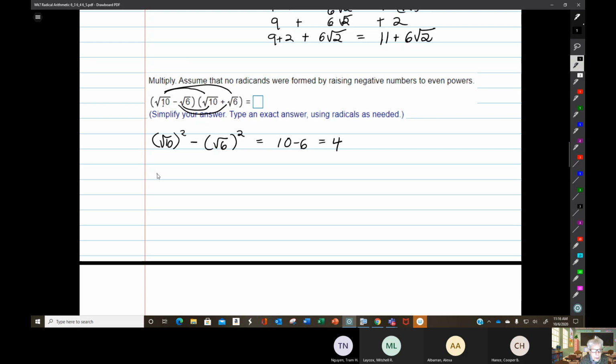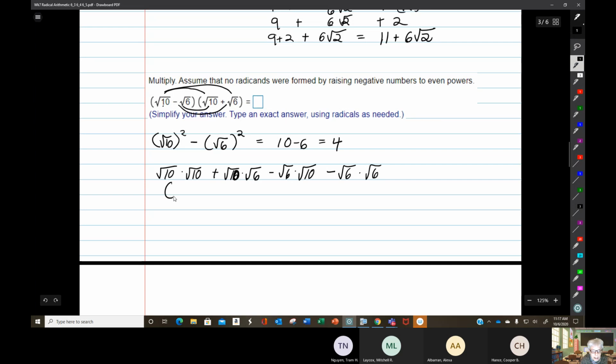And so that would give you the square root of 10 times the square root of 10, plus the square root of 10 times the square root of 6, minus the square root of 6 times the square root of 10, minus times plus is minus, the square root of 6 times the square root of 6.